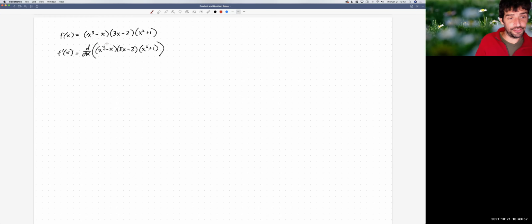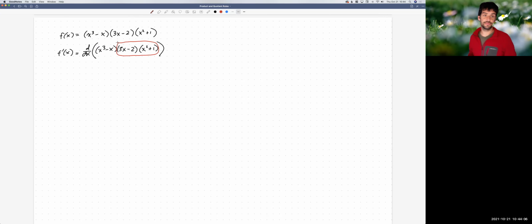However, there's nothing wrong with thinking about this. Let me do it a different way. Let's think about this as one function, and this first one as our second function. So then the product rule tells us what to do.